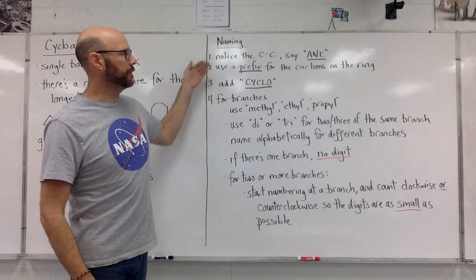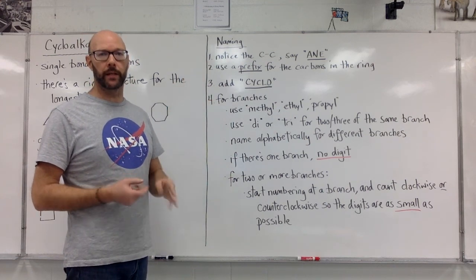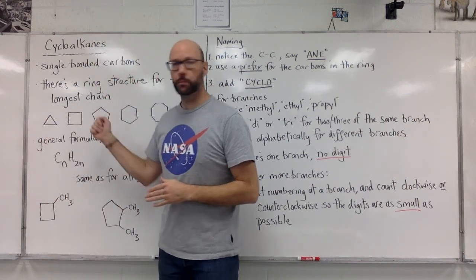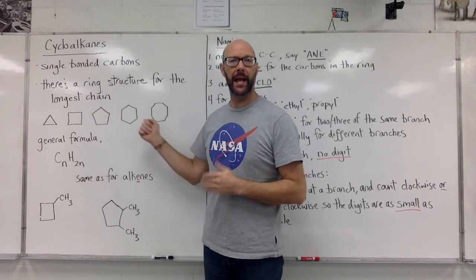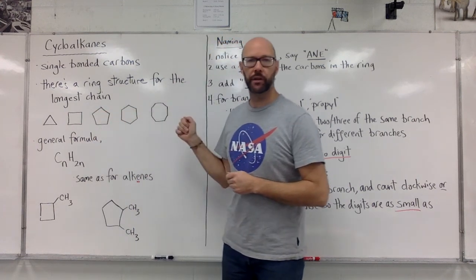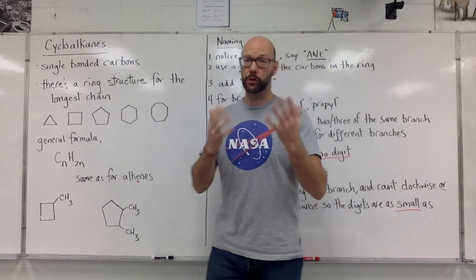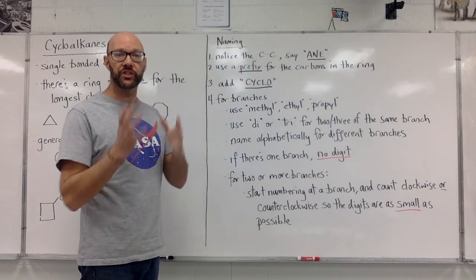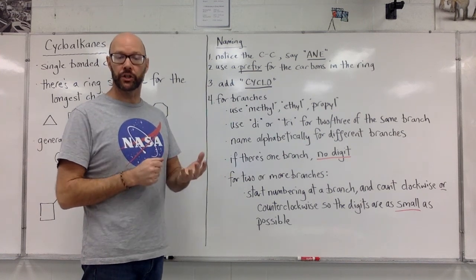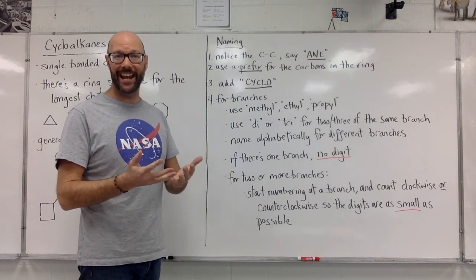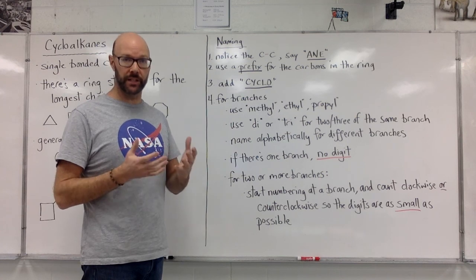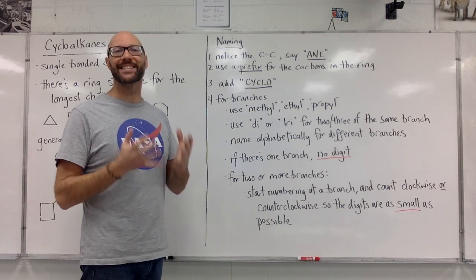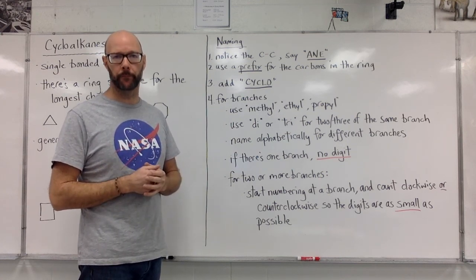We're going to use a prefix for the carbons in the ring. 3 is prop, but, pent for 5, hex for 6, and oct for 8. Use a prefix. Then add cyclo. These are cycloalkanes, so not only do the names end with ane, they also have this syllable, I guess it's 2 syllables, cyclo, right in the name as well.